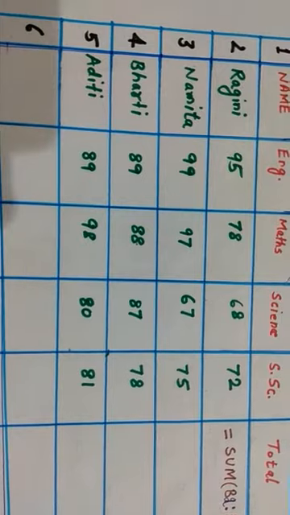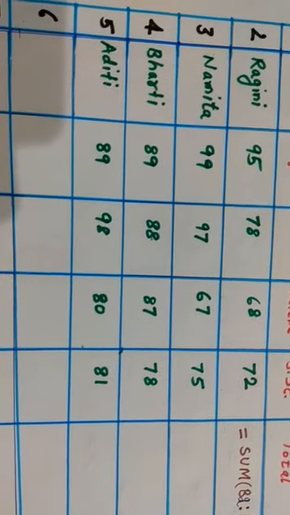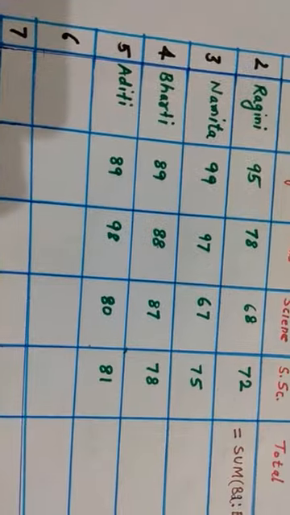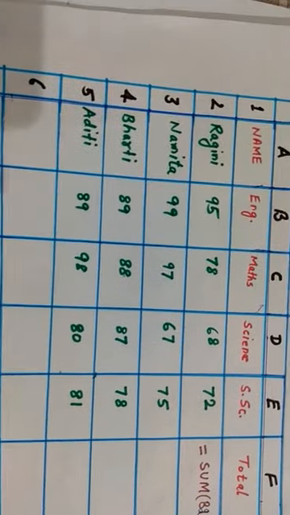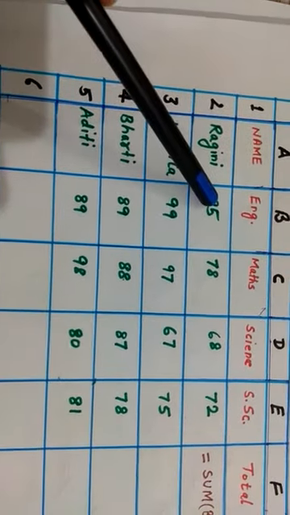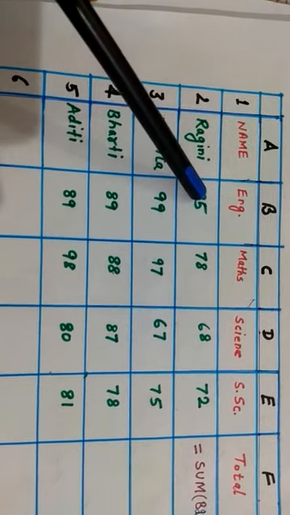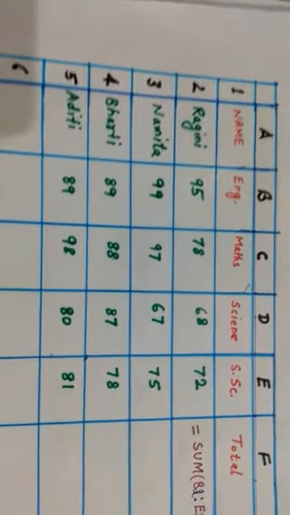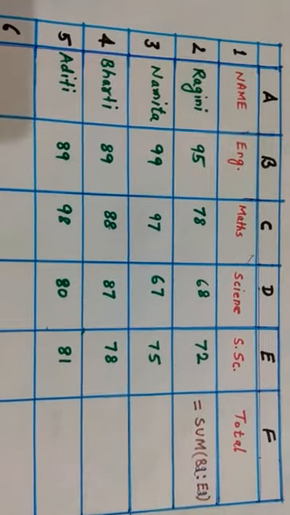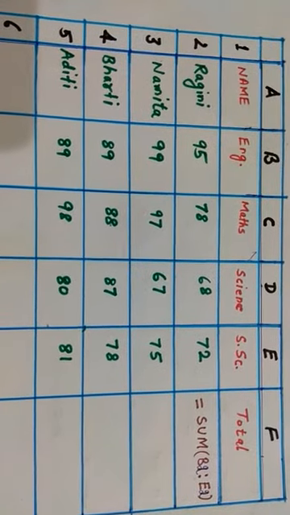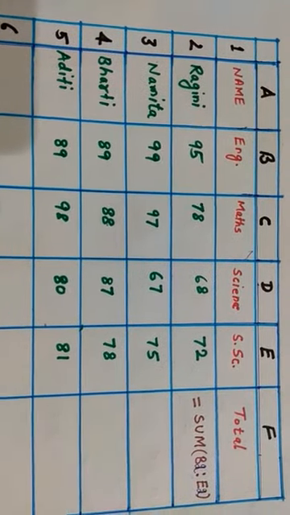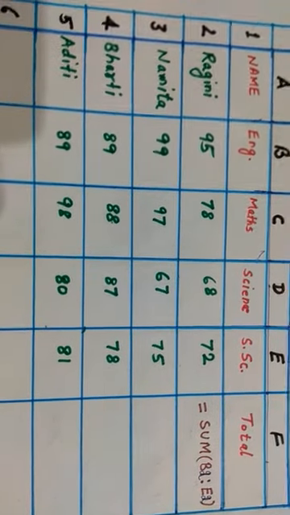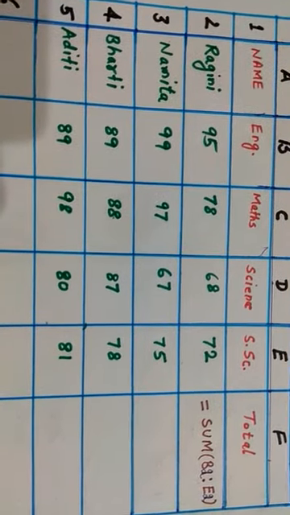As you know, a cell is defined as the intersection of a row and a column. For example, this cell belongs to column B and row 2. So each cell has a unique address, which is found by column name and row number, and these cell addresses are used in formulas.